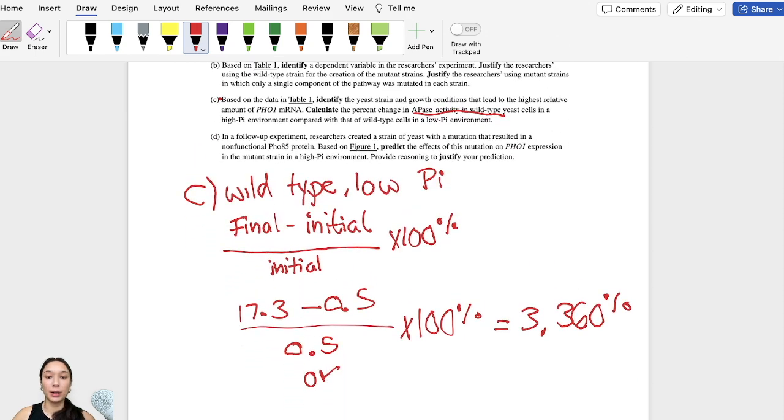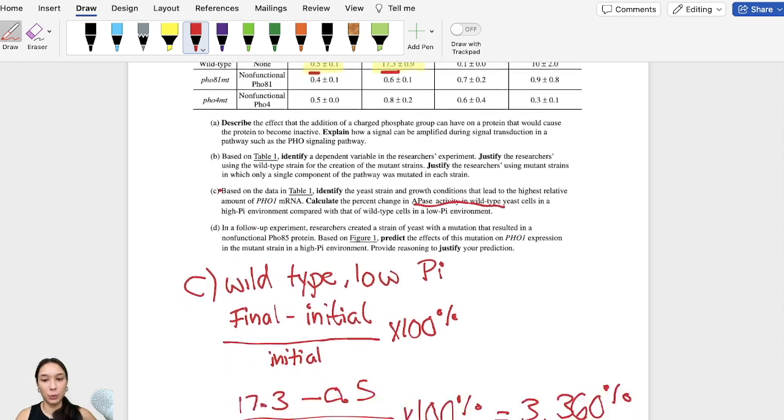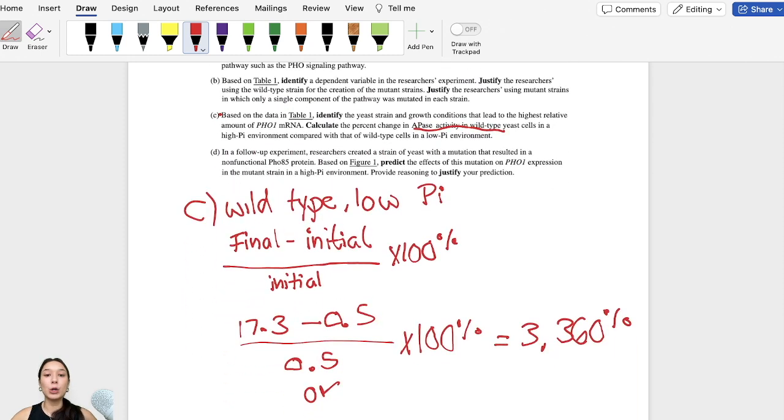They're two separate measurements and two separate yeast experiments. You could have also done where 0.5 was your final and 17.3 was your initial. So it doesn't matter which one you took as your final or initial, they would have accepted the answers. So that one would look like 0.5 minus 17.3 over 17.3 times 100%. That's going to give you negative 97%.